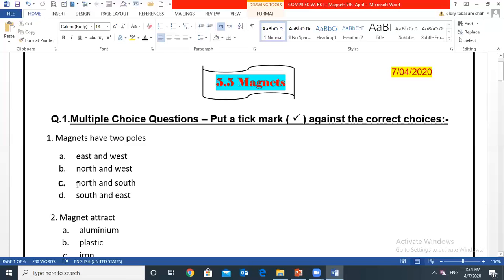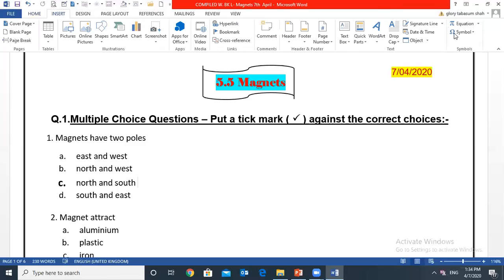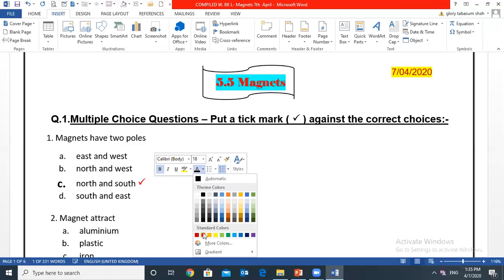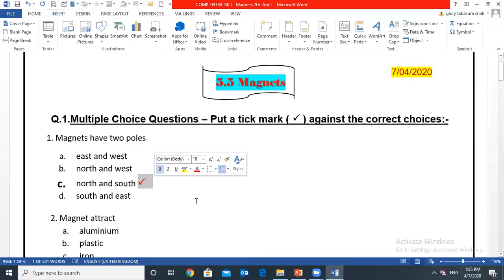So C is the correct answer, north and south. So mark the tick over here. Done. Correct.